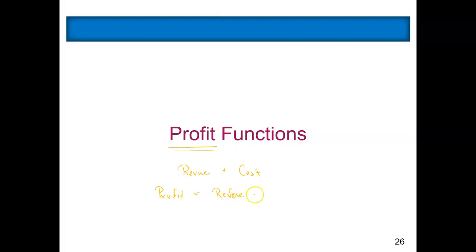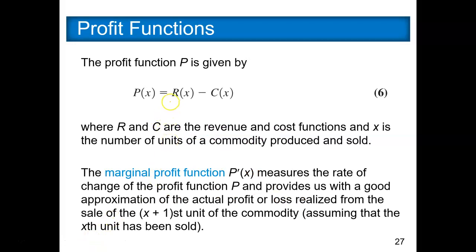Revenue minus cost: the amount of money coming in from the demand of the product, commodity, minus our cost to produce those commodities will give us our profit. So revenue minus cost is our profit. Revenue was the price times x, minus our cost.